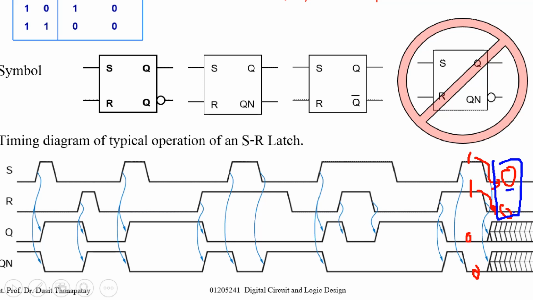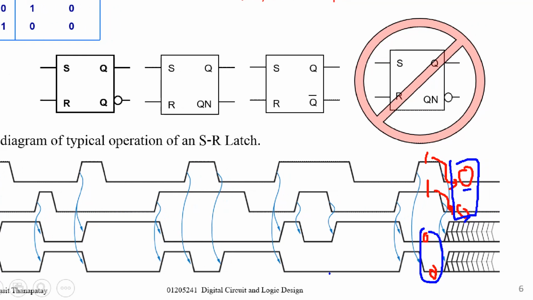By applying 0, 0 at input SR, and the current state now is 0, 0. So it's unpredictable. Namely it may go to 1, 0 state or 0, 1 state, or go to metastable.